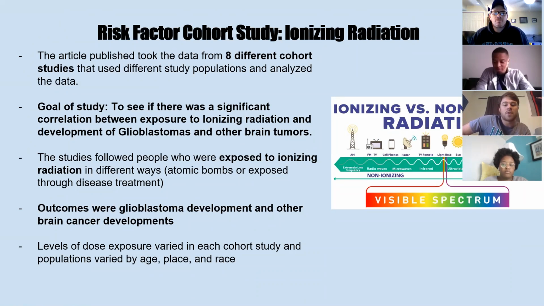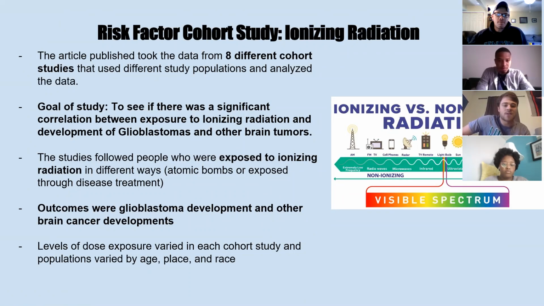The goal was to see if there was, in fact, a significant correlation between exposure to ionizing radiation and the development of glioblastomas. It wasn't just glioblastomas that they considered an outcome. They also looked at other brain tumors as well.